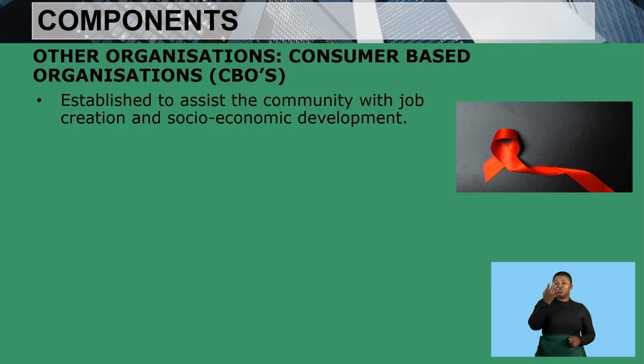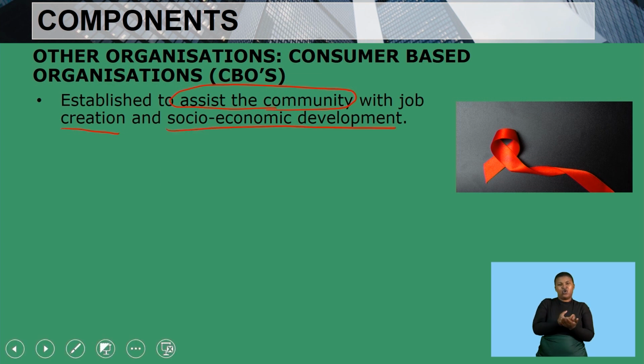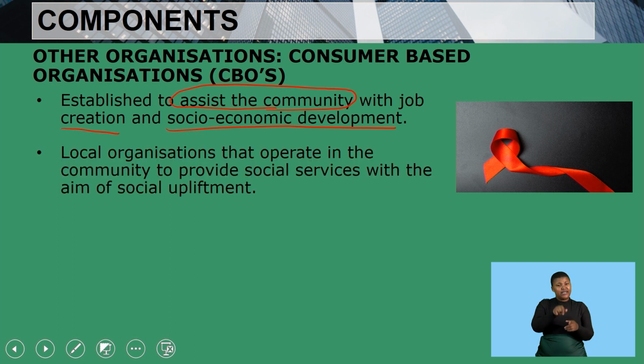When we look at the explanation of a CBO, we say that it is established to assist the community. So they help the community with any socio-economic issue. Now in this explanation, we specifically refer to job creation. So they assist the community with job creation as well as socio-economic development, where they help the community and the environment in that area.